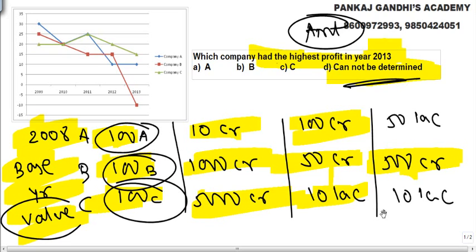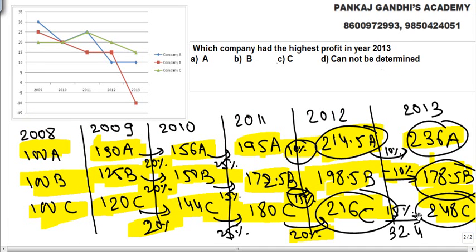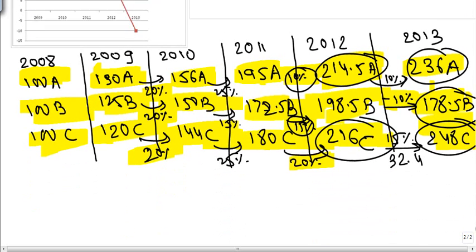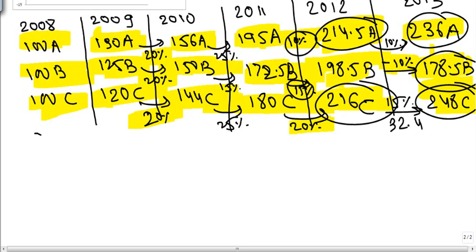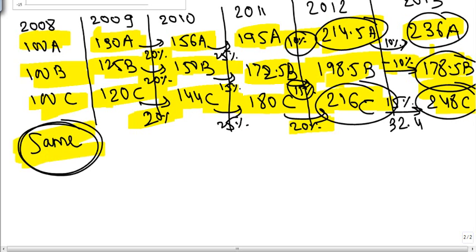So it depends on that. If they were equal, we would have done it, and we made them equal earlier. If they started with 100A, 100B, 100C, in the end... Listen, if it had been given that all three started the same, then who would be highest?